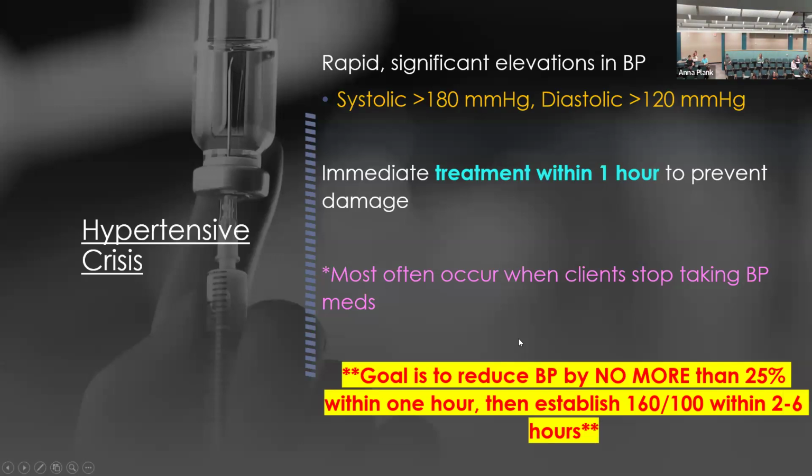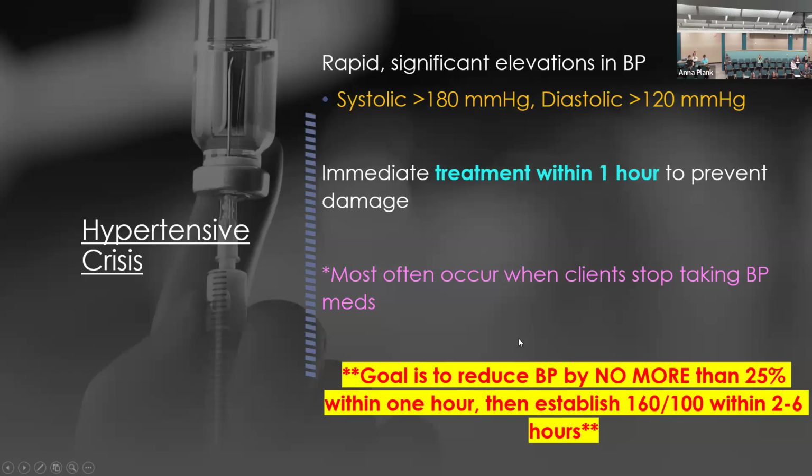One of the things that can aggravate an aneurysm is a hypertensive crisis. Okay, so that is something that rapidly elevates your systolic and diastolic. Greater than 180, greater than 120. Okay, if you have someone whose blood pressure spikes that high, you have 1 hour to get their blood pressure down.